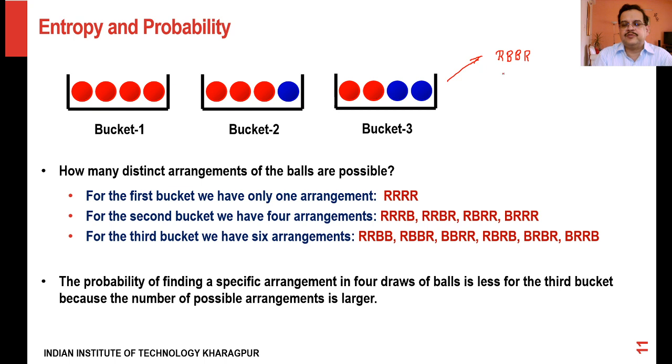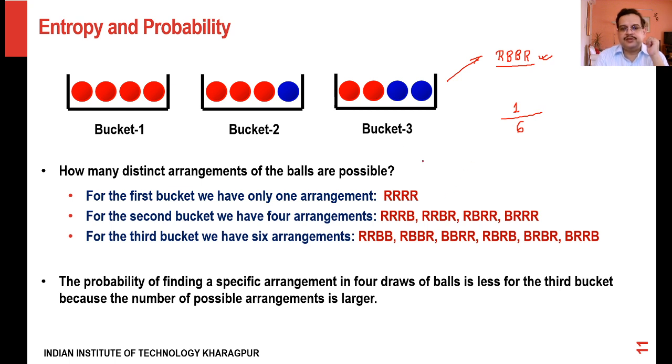Now I ask you that if I draw the 4 balls one after the other randomly without seeing them, what's the probability that I will end up with exactly this choice? That is, I get the first ball is red, the second is blue, the third is blue, and the fourth is red. So from here you can see that the probability that I will pick up exactly in this order is 1 out of the 6 different possibilities, right?